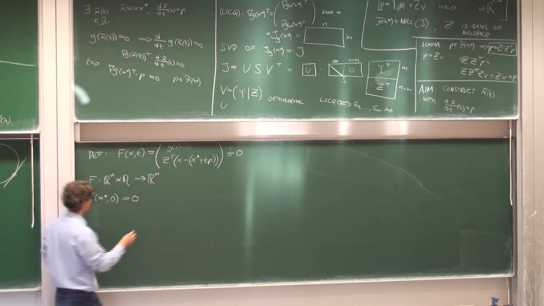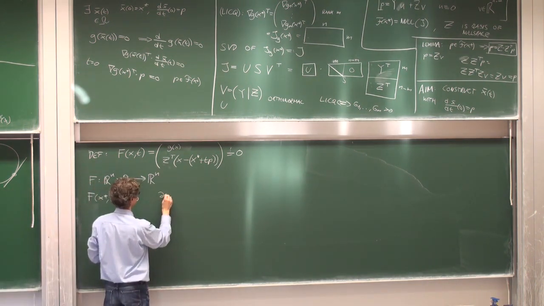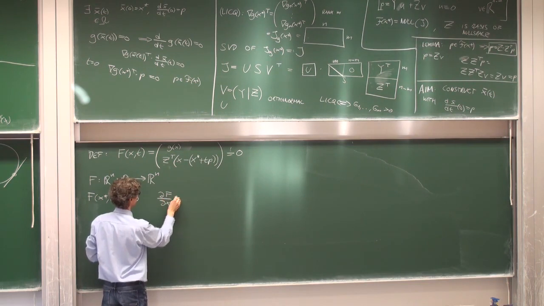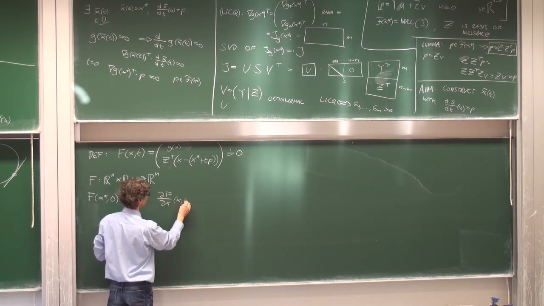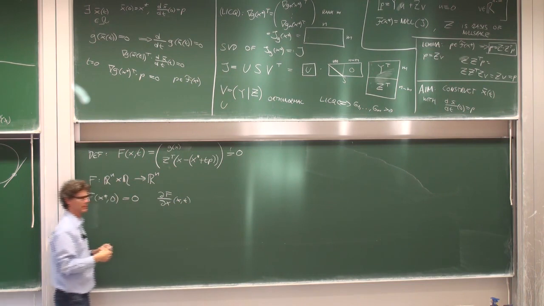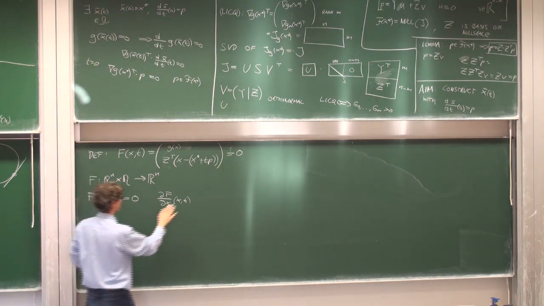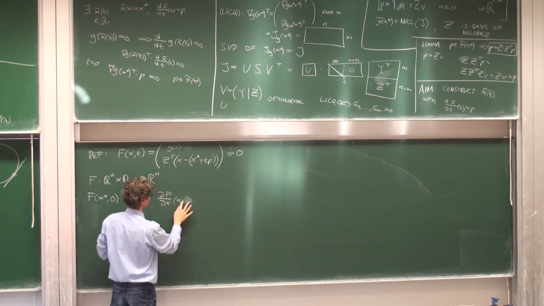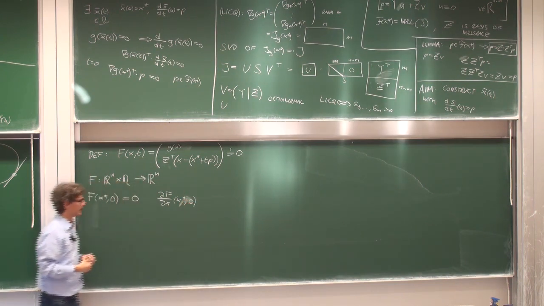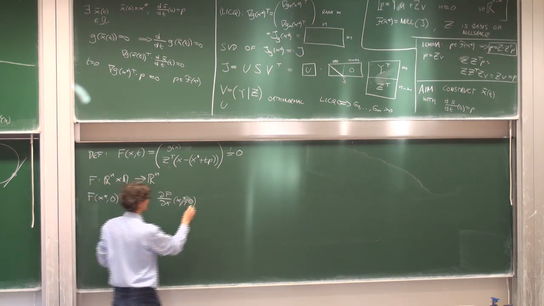What I also want to look at is the Jacobian of this function, df by dx. At any point, I can first compute it, but why don't I compute it directly at the point where I'm interested in? Then we save some writing. So I evaluate it exactly at this point. And what will this derivative be?